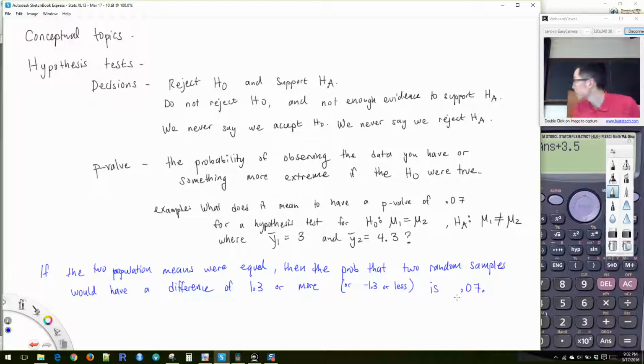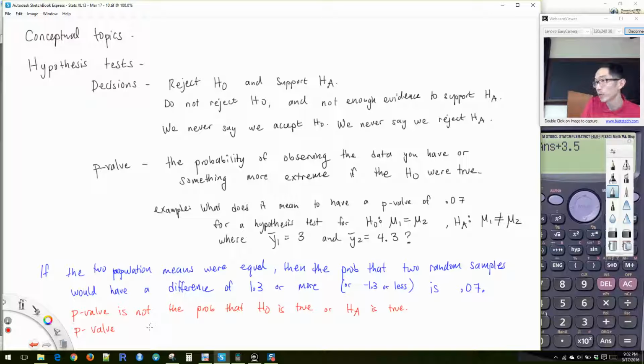Okay, and other things: the p-value is not a probability about the null hypothesis. The p-value is not the probability that the null hypothesis is true, or that the alternative is true, or anything like that. The p-value is also not about your sample.